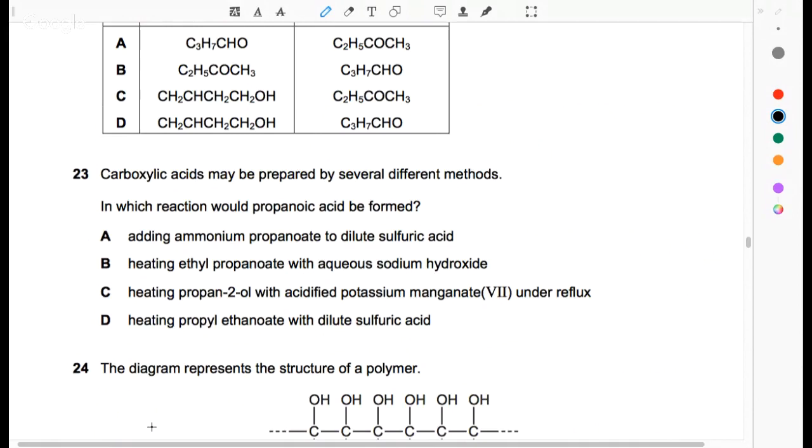I would draw the structure of the propanoic acid and then have a picture in mind. So what would be the structure of propanoic acid? When you draw the structure, you don't have to.